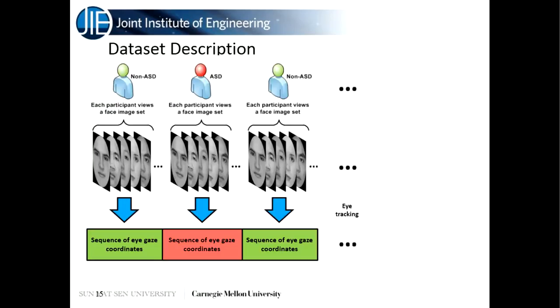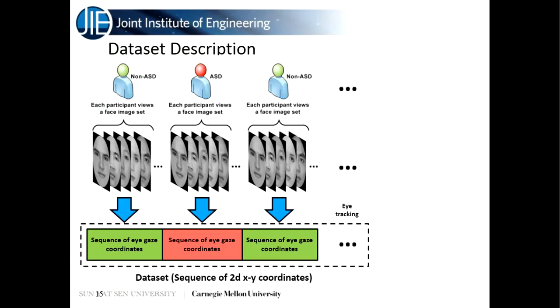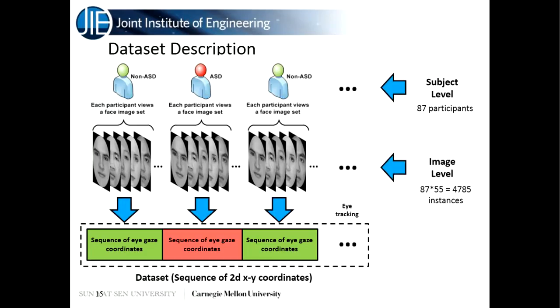So what we try to do in this work is use a data set that contains 87 subjects, and each subject looks at 55 images, so there will be 4,785 images. For each image, there are approximately 180 samples, so this is a lot of data.